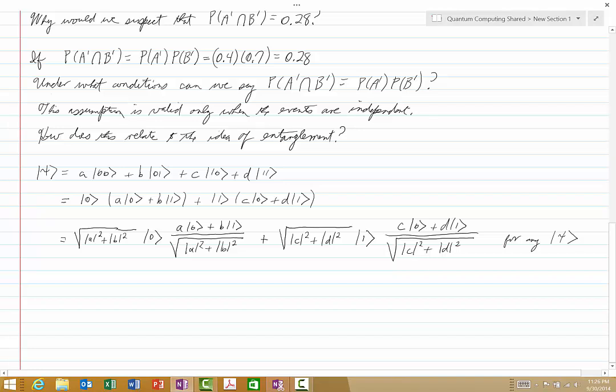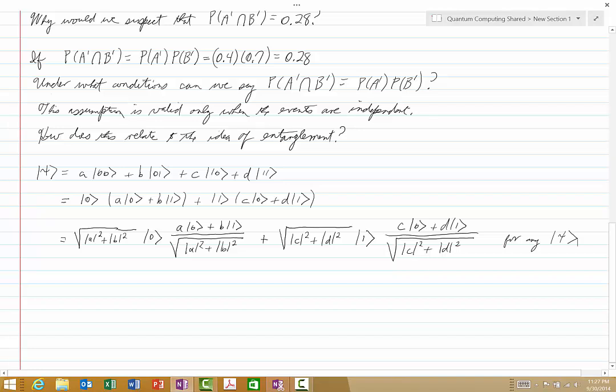Well, you might be tempted to say that it is unentangled if this fraction is equal to this fraction, because then we could factor that out and write this as the product of these terms involving the first qubit and these terms involving the second qubit. And indeed, that would be sufficient.